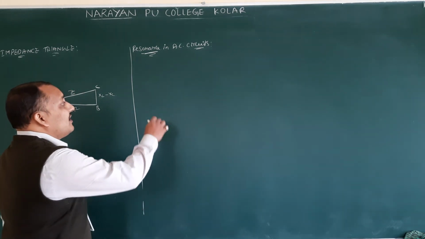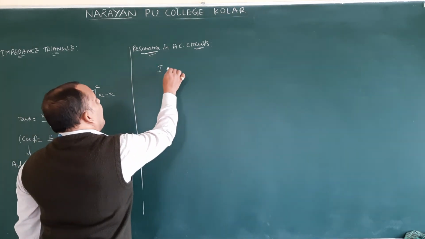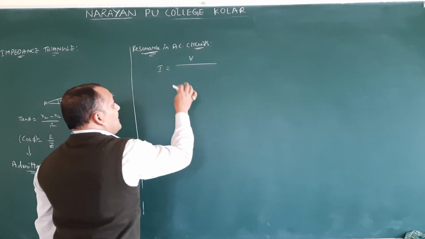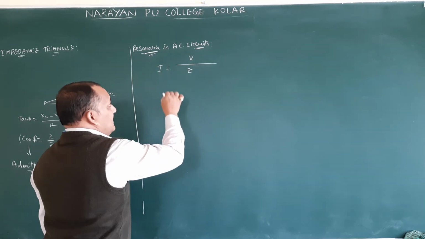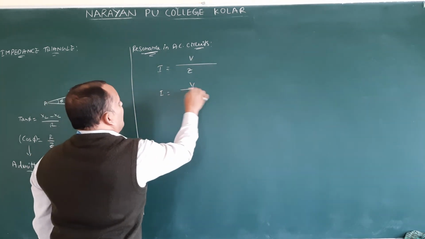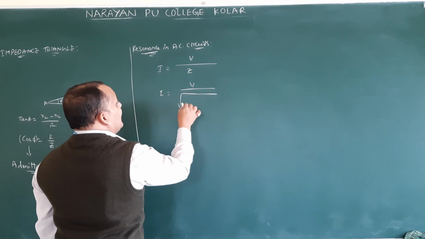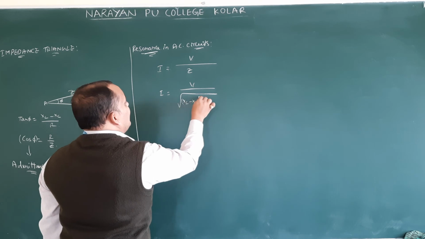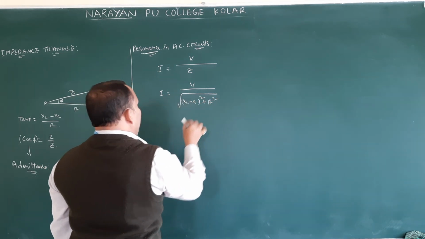What is the equation we got for current? I is equal to voltage by Z. Z is what we got in the LCR circuit, square root of (XL minus XC) whole square plus R square.